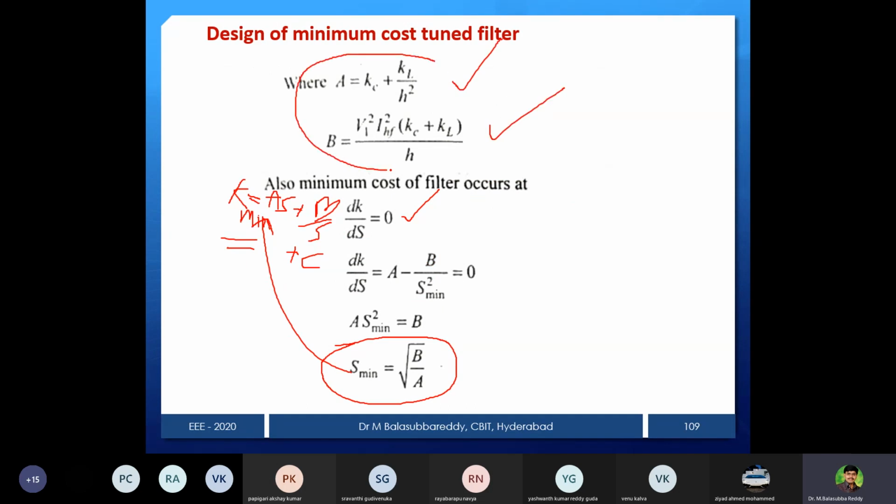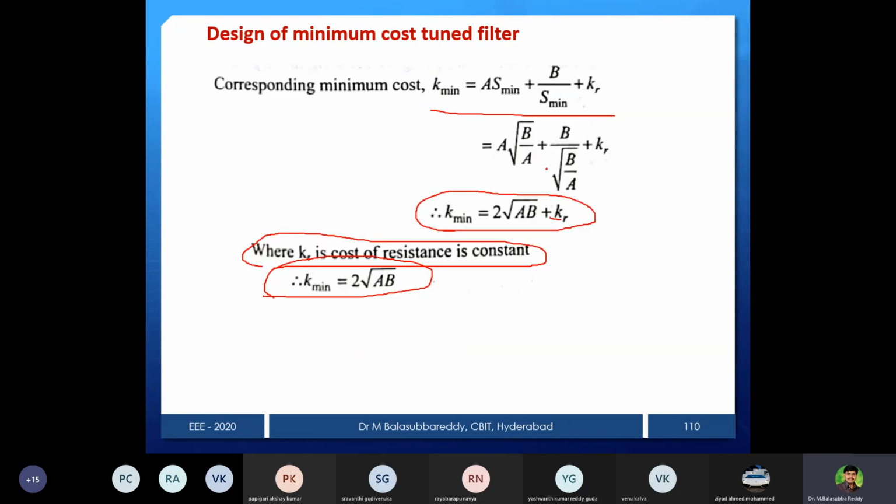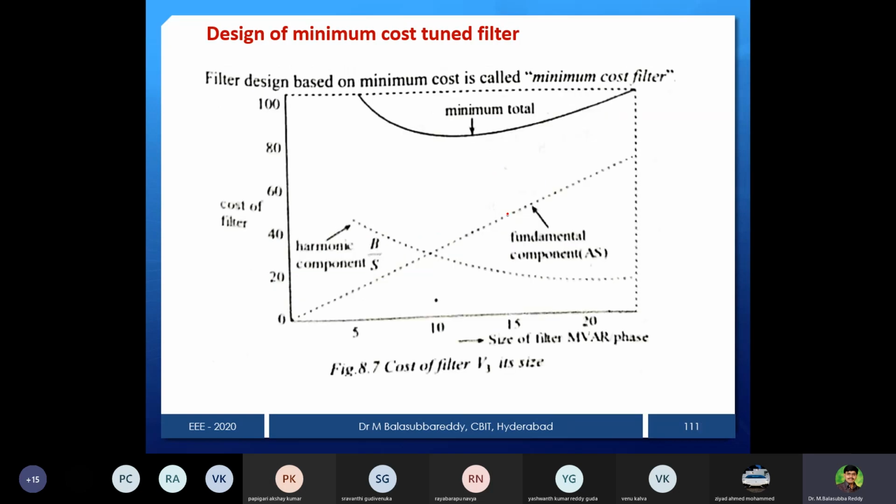Now we can see what is the value; order of harmonic, all these things will be involved in that. And for that particular order of harmonic, you can easily identify what is the minimum cost of the filter. So with the different curves, size of the MVAR per phase, with respect to the cost of the filter, if you plot comparatively, you can see that this is the minimum cost of the filter. This is the fundamental and this is the harmonic component. And finally, if I add them, we get the minimum cost of the filter.